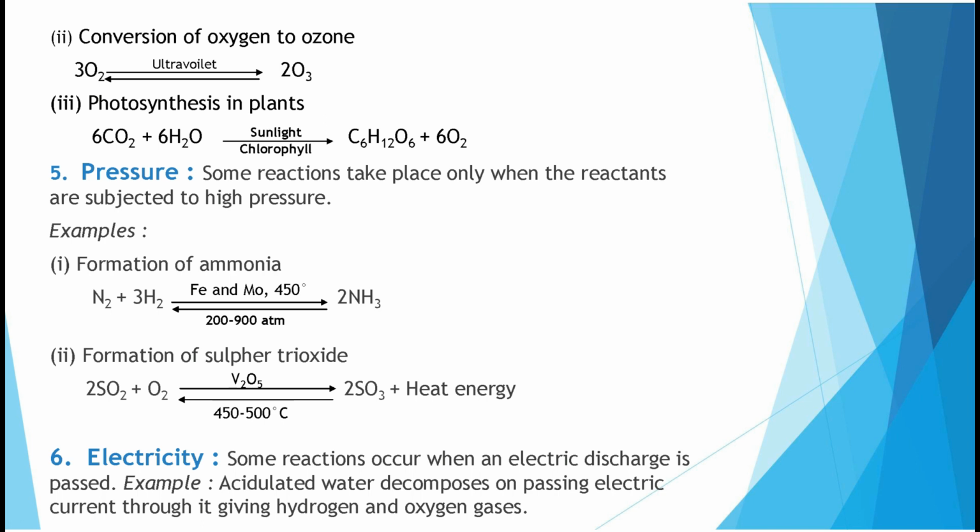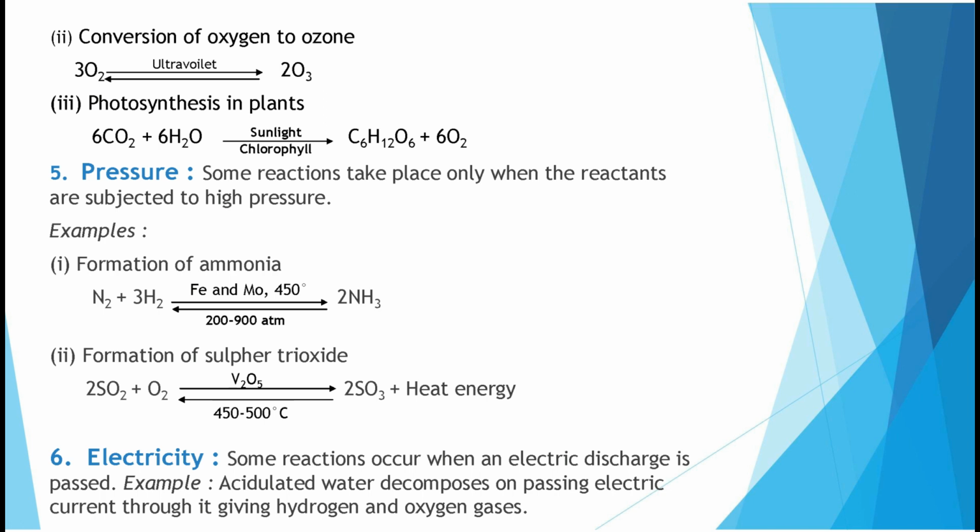Then the next condition is pressure. Some reactions take place only when the reactants are subjected to high pressure. For example, formation of ammonia. When we want to make ammonia, we need high pressure: nitrogen plus hydrogen will form ammonia.